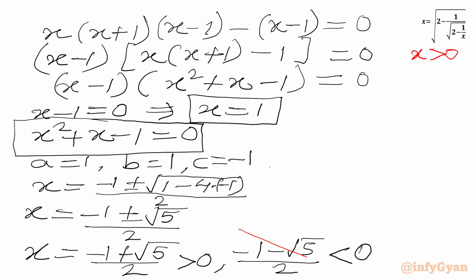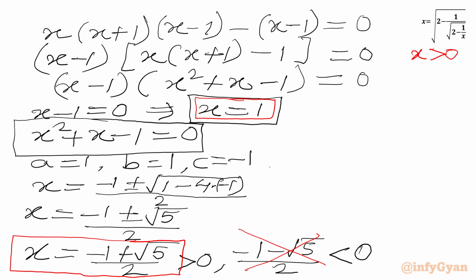So we are going to reject this solution. We will accept minus 1 plus square root 5 over 2, and we will accept x equal to 1. So there will be two real x which will satisfy our radical equation. I will write 1 and square root 5 minus 1 over 2.